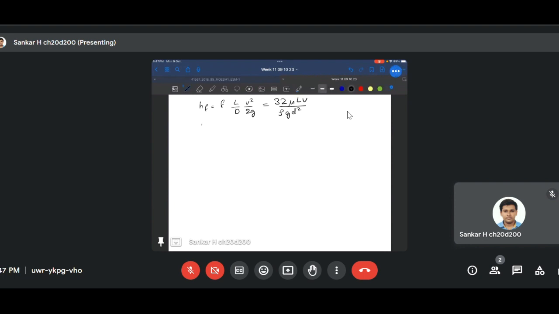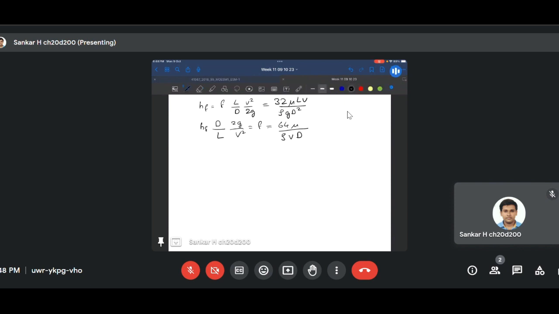So if we rearrange this, we can write this as hf into a characteristic diameter divided by the length times 2g by V square should be equal to f, and that again should be equal to 64 into mu by rho V D. Let me just rewrite this D as capital D so that there is no confusion.